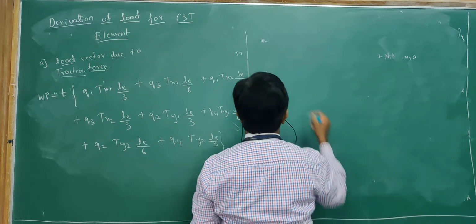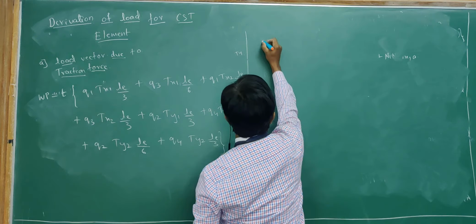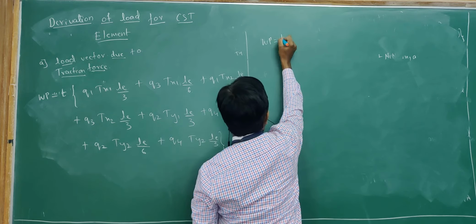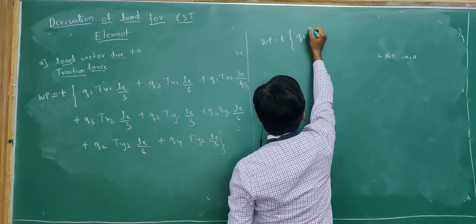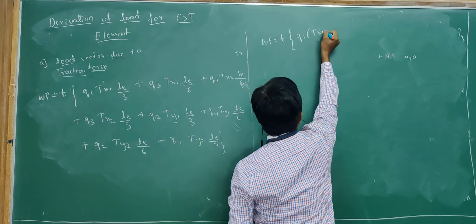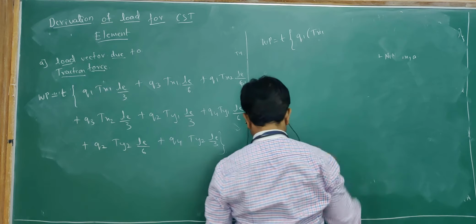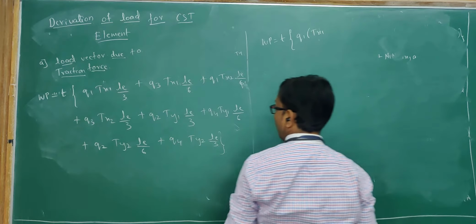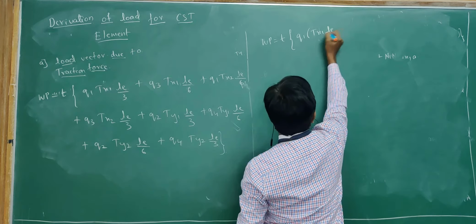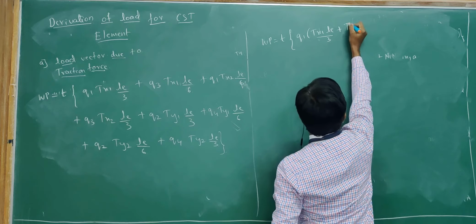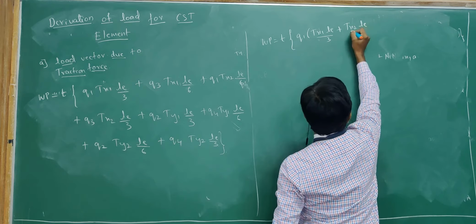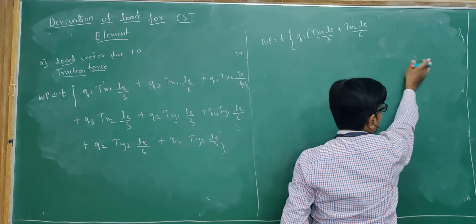T is common already. Work potential T into, if I take Q1 here, you will be getting Tx1 le by 3 plus this one Tx2 le by 6.